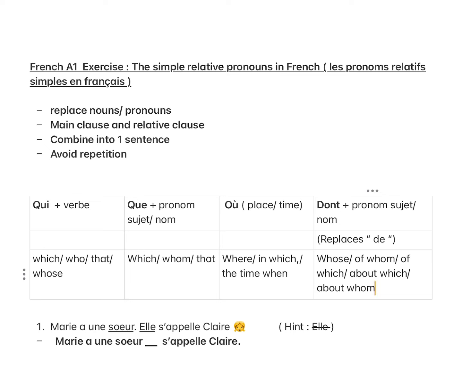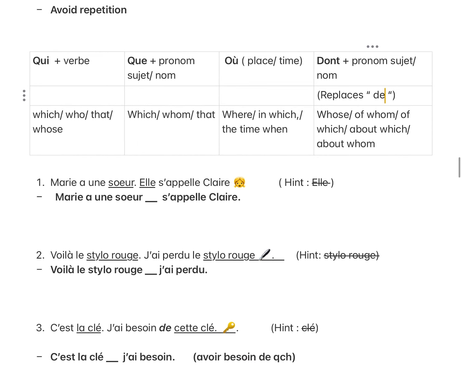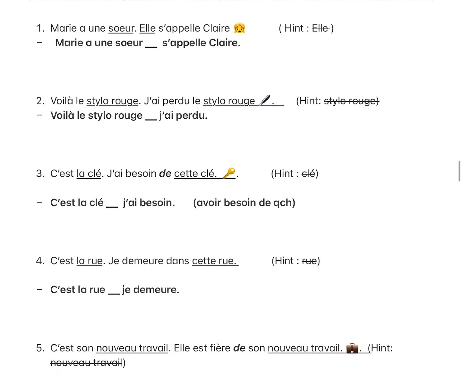So when we use dont, it is followed by a subject pronoun or by a noun. Also, another hint as to when it comes to using the simple relative pronoun dont is it replaces the preposition de in a sentence. Now let's start by solving the exercise.